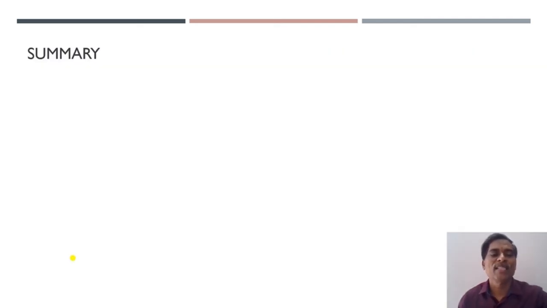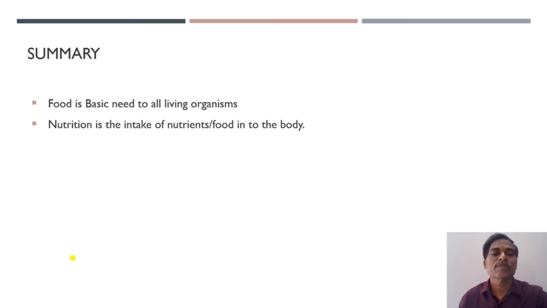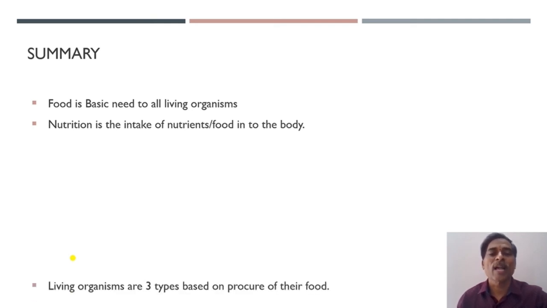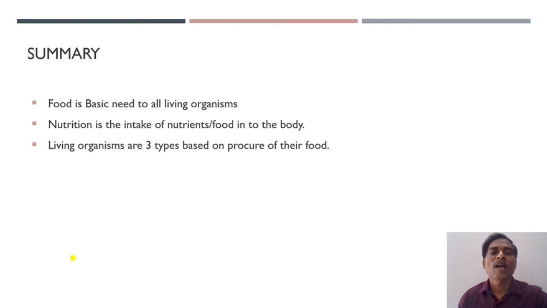What we have learned in this topic: food is the basic need of all living organisms. Intake of food substances or nutrients into the organism is known as nutrition. There are three types of nutrition methods in nature: autotrophic, heterotrophic, and mixotrophic nutrition.